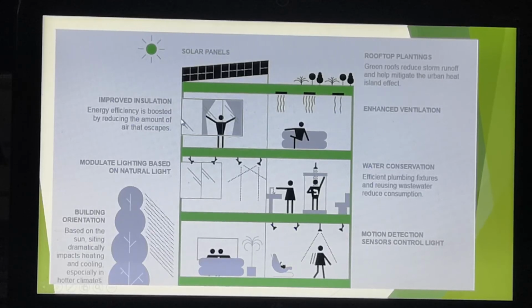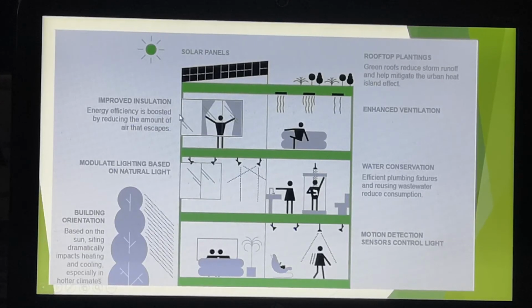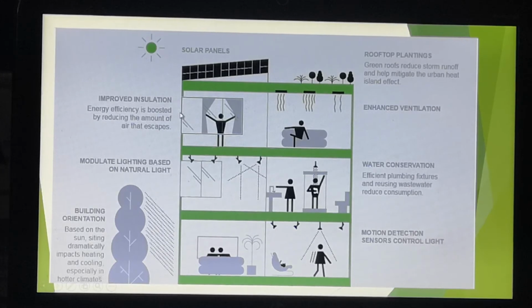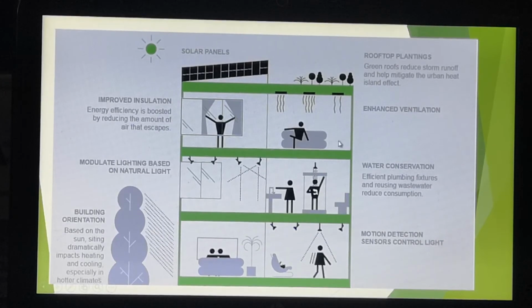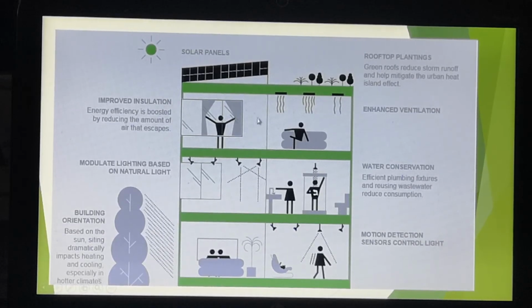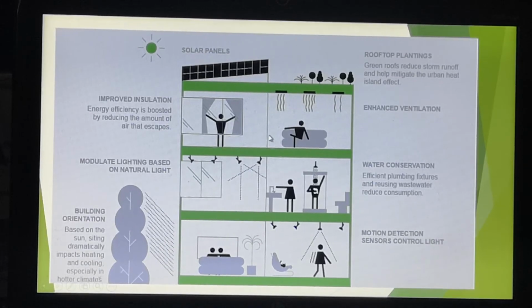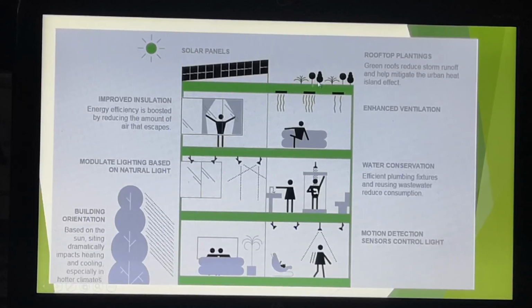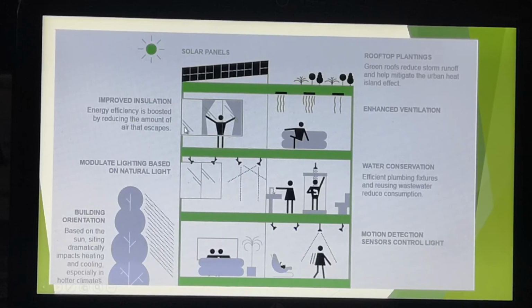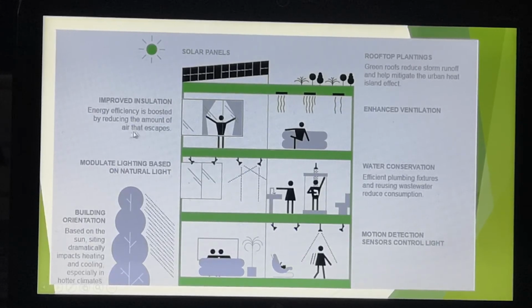If you open the door or the window at the same time the aircon is running, the cooling effect is reduced. So once again you need more energy to cool back. Otherwise, you just close it, reducing the amount of air that escapes.